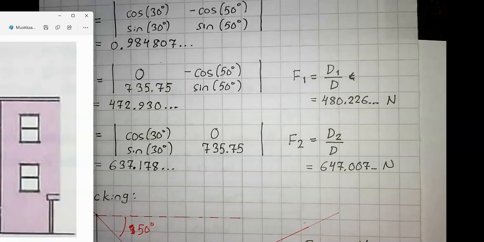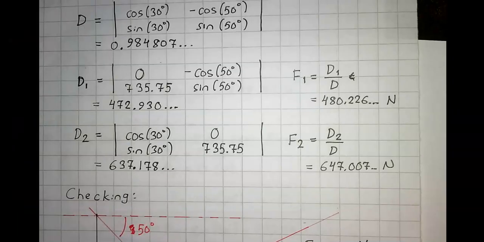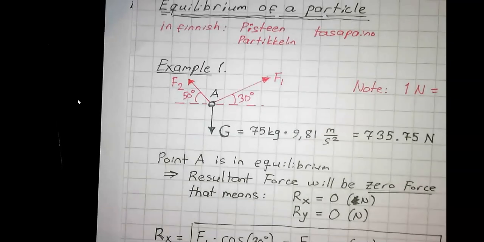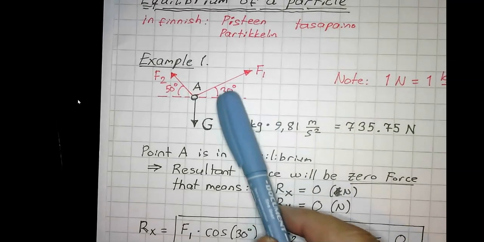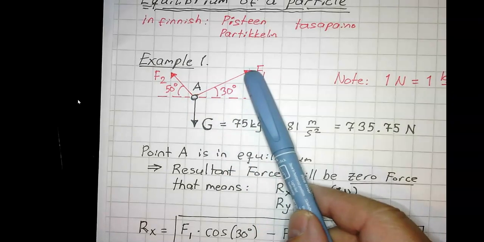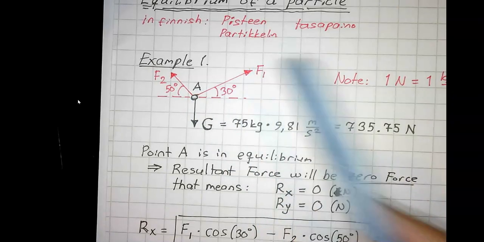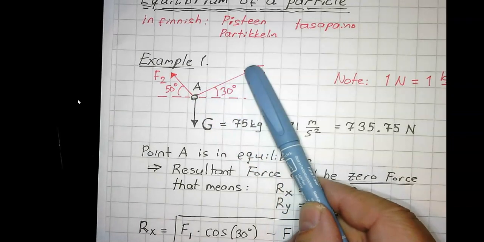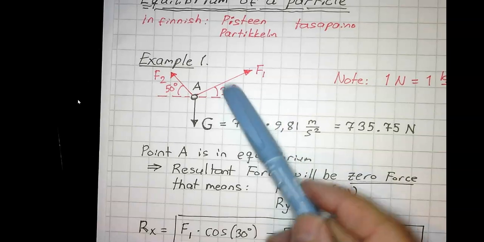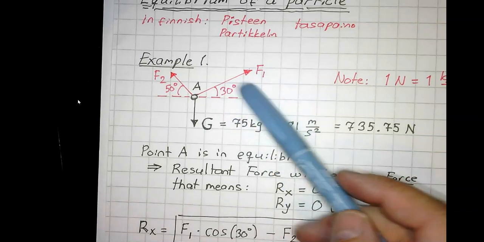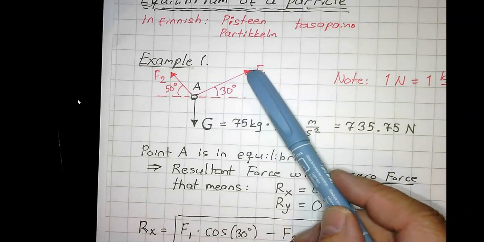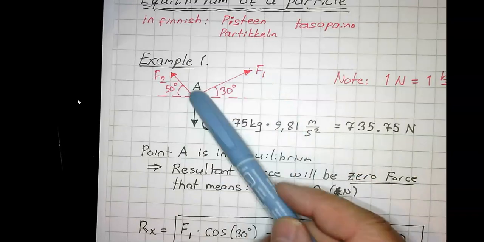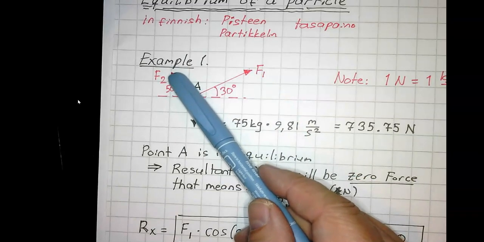That means that if we get positive values, the direction we estimated or approximated in the first picture is correct. So this F1 is going upwards, at 30 degrees to this side, as we drew in this picture. And also this F2 has the correct orientation.